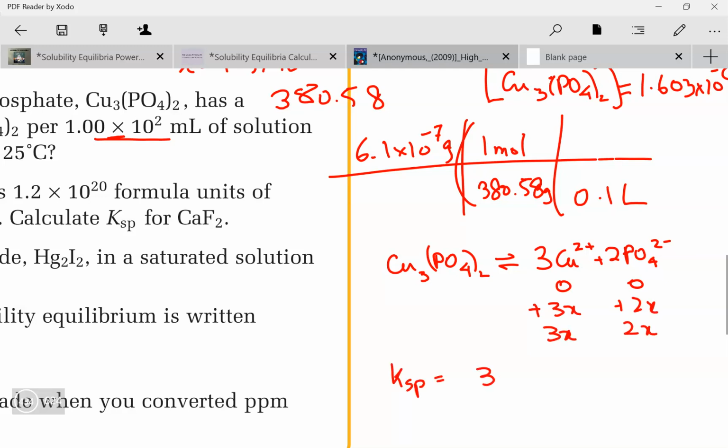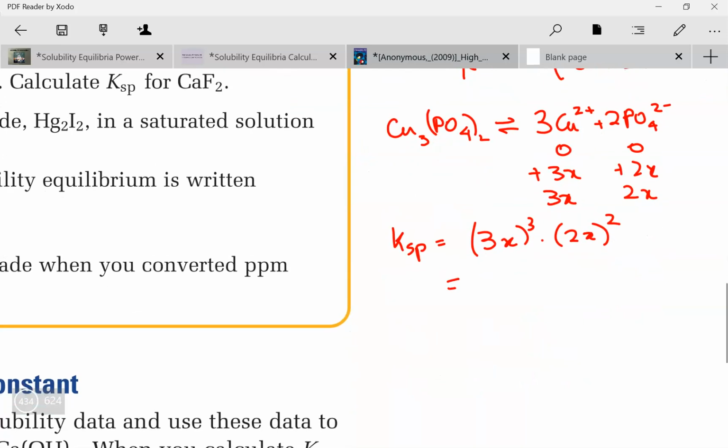KSP equals 3x cubed times 2x squared. 3 cubed is 27, please, not 9. We'll remember that. 27x cubed times 4x squared. 27 times 4 would give you 108, x to the power of 5.